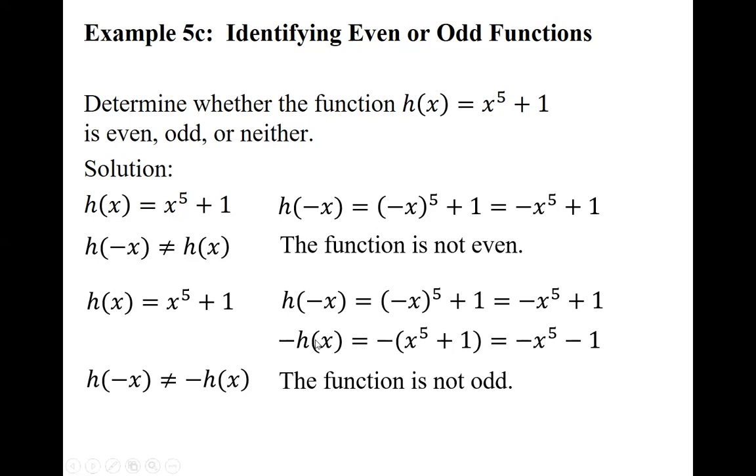The opposite of the function would be negative x to the fifth and negative 1. So only the negative x to the fifth part matched, not the plus 1 to the minus 1. So it's not even, it's not odd. That means it's neither.